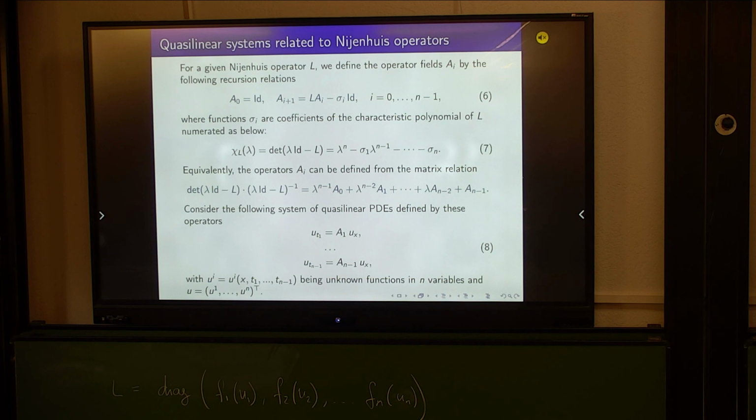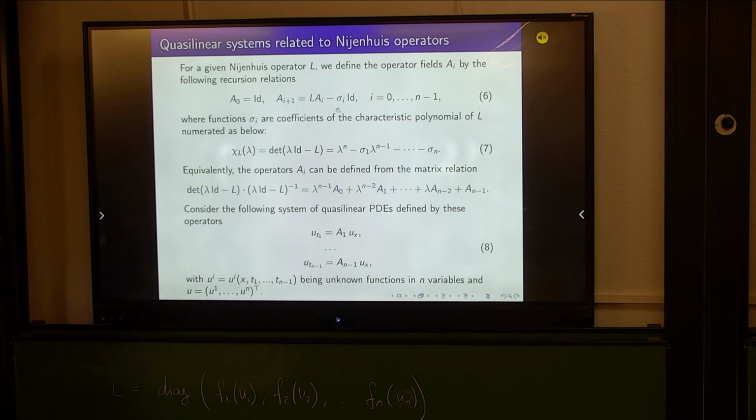Now the quasi-linear systems related to Nijenhuis operators. So what I have here is a way, starting from a Nijenhuis operator, to construct a sequence using a certain procedure suggested by Franco Magri.